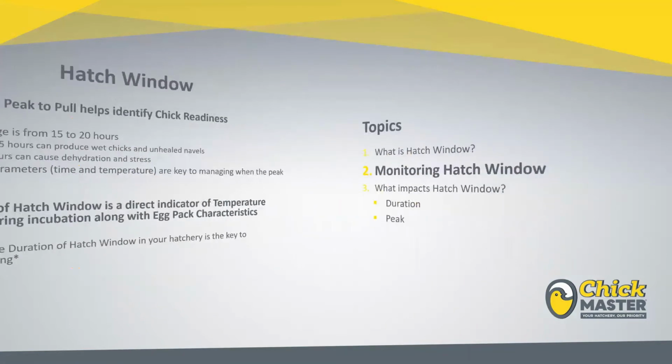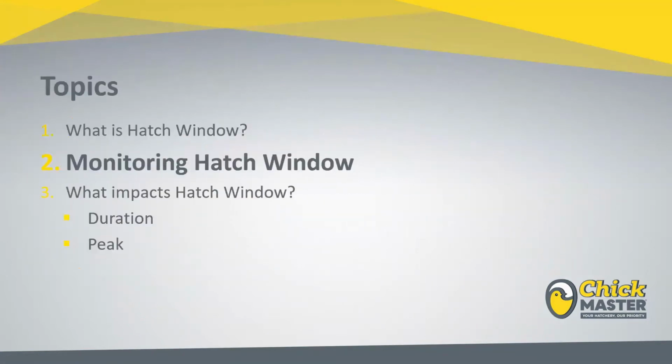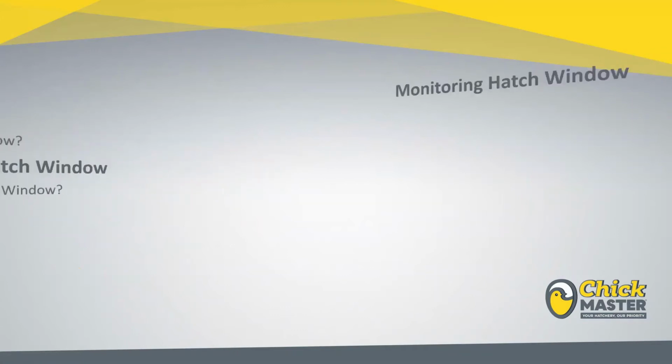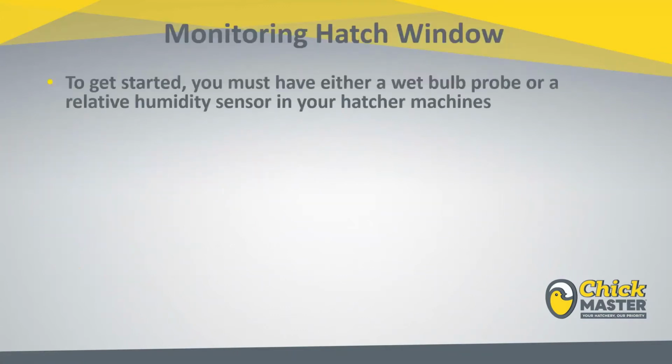So when we talk about monitoring hatch window, there's a couple of different things to look at. One, to get started, you must have either a wet bulb probe or a relative humidity sensor in your hatcher machine. And I make that statement because what I see a lot of times today is hatcheries that have made the determination that they don't want to use humidity or mechanical humidification in their hatcher machines.